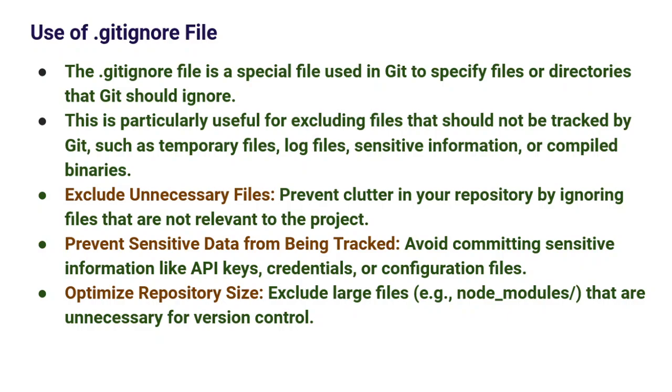It prevents clutter in your repository by ignoring files that are not relevant to the project. Also, it helps to avoid committing sensitive information like API keys, credentials, or configuration files.